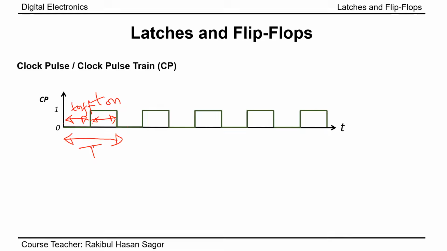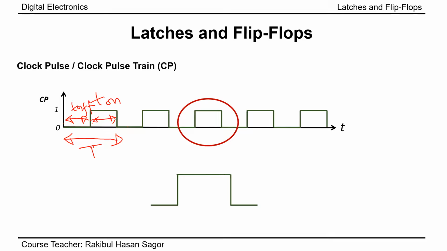The latches with control input are synchronized by giving clock pulse signal in the control input side. Now if we zoom a portion of this clock pulse train, you can see this is the zoom view of that portion.